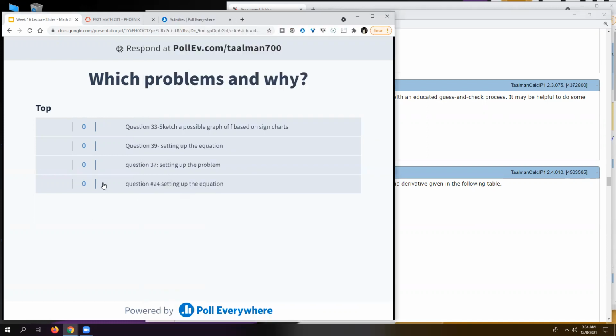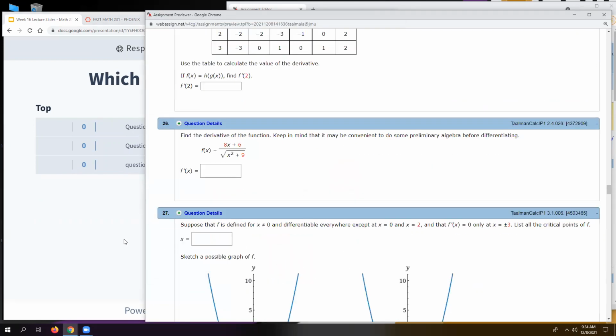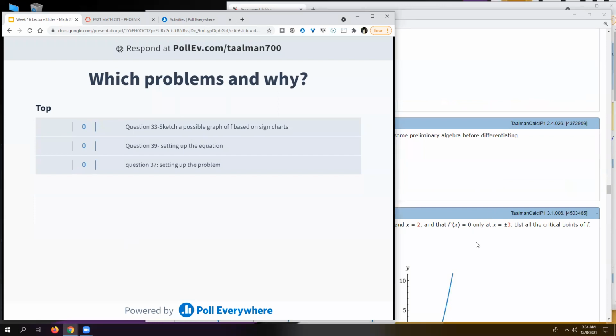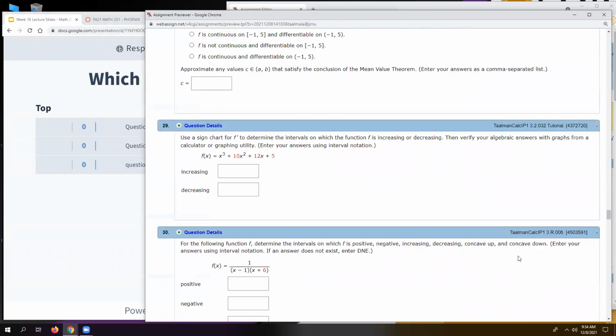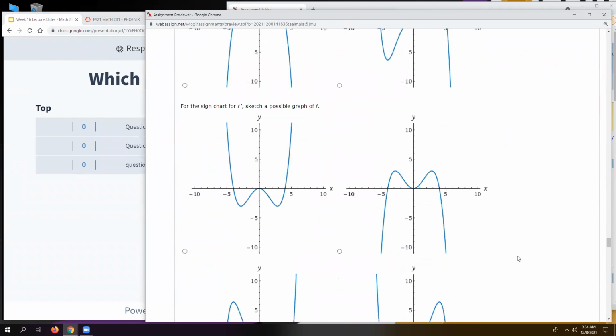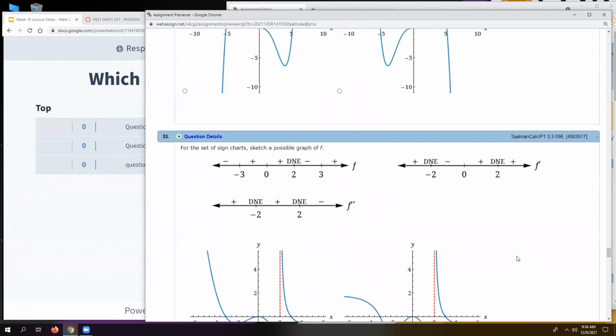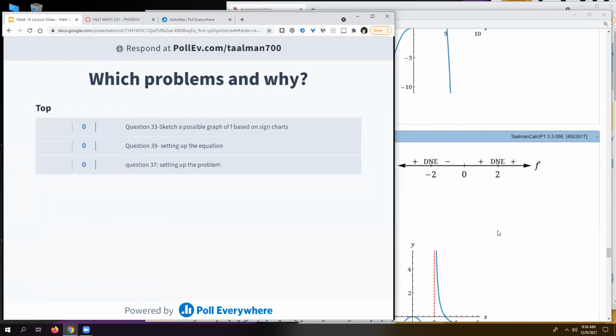Okay. So let me take this off here just so I don't keep looking at it. 33, 39, 37. In question 33, you have a question about how to sketch the graph based on the sign charts that you find. Oh, that's a description of just the whole problem.